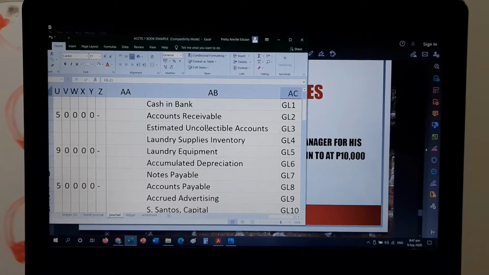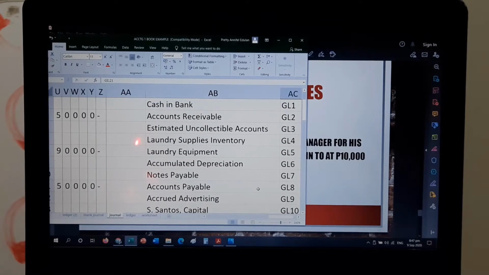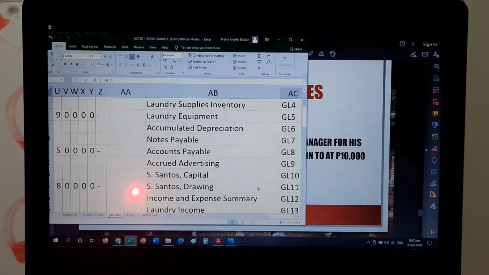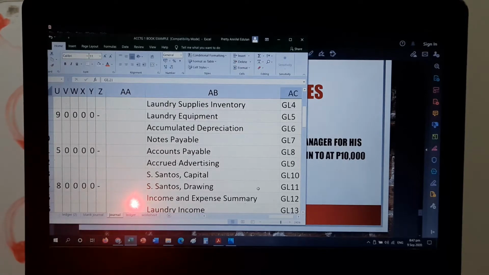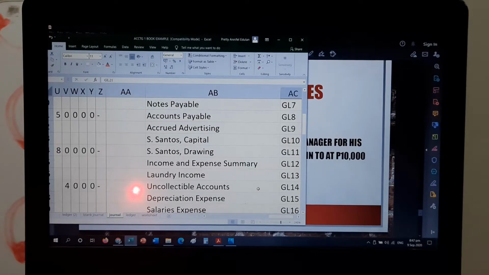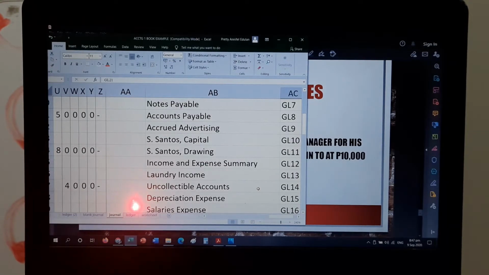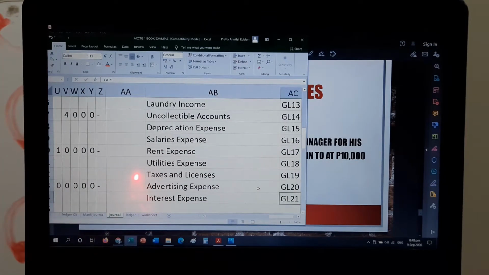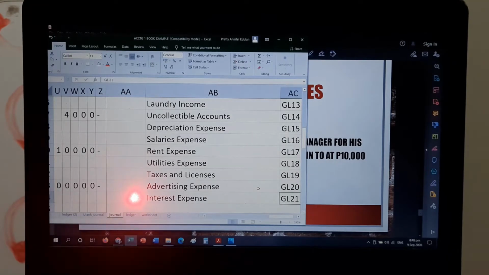Then, if this is a full-blown accounting process, which includes closing entries and adjusting entries, I already included the estimated uncollectible accounts, laundry supplies inventory, laundry equipment, accumulated depreciation, notes payable, accounts payable, accrued advertising, S. Santos Capital, S. Santos Drawing, income and expense summary, laundry income, uncollectible accounts, depreciation expense, salaries expense, rent expense, utilities expense, taxes and licenses, advertising expense, and interest expense.